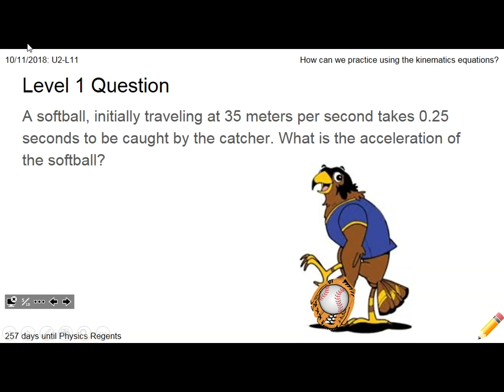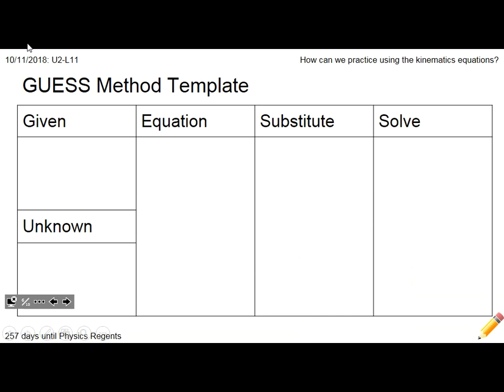Okay. So we need to start with the givens, then the unknowns, the equation, the substitute, and the solve. So what was a piece of given information in that question? 35. Okay. So V initial was 35 meters per second. What else was given in that question?